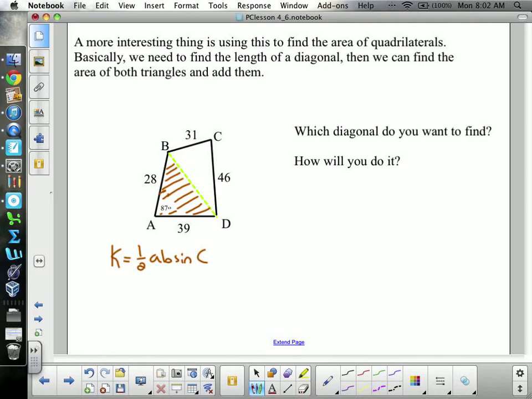Our sides are 39 and 28, times the sine of 87. So that gives me 39 times 14 times the sine of 87, or 545.25.